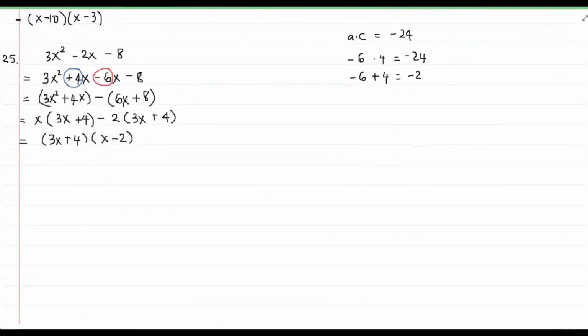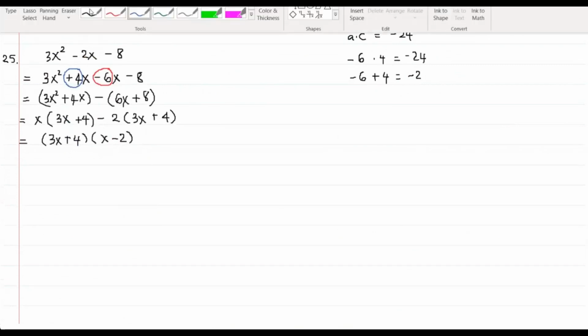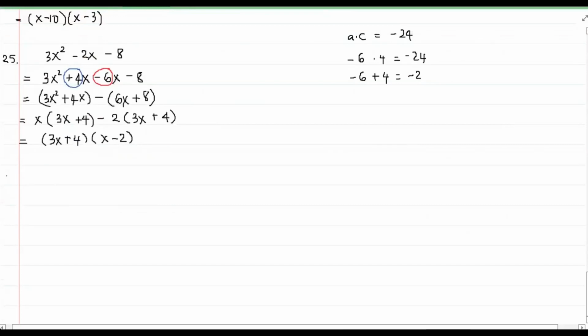All right, number 26. We have 10x squared plus 13x plus 4.